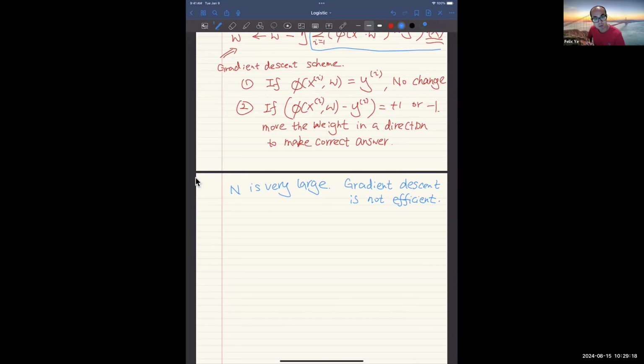So how can we make things more efficient here? I want to update it quickly, rather than having to calculate the gradient for the whole data batch.